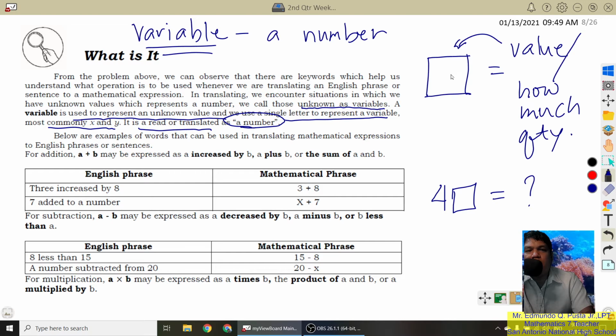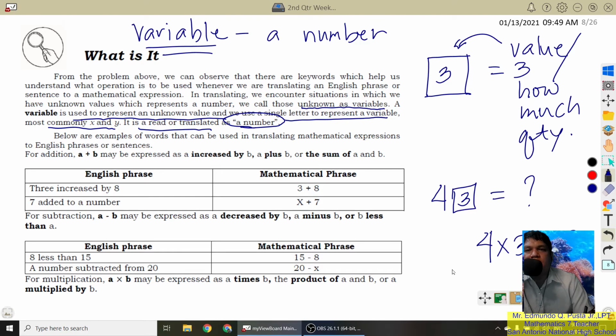But if we know, let's say, for instance, inside the box the value is 3. Okay? So, we know na meron siyang 3 pieces na nasa loob. Therefore, we know that 4 times 3 will be 12.